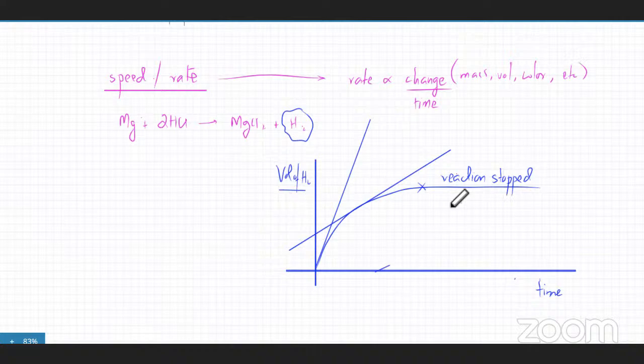It could be going up, it could be going down. Initially the reaction is very fast, and then it slows down, then it slows down, then it stops. So gradient is actually an indication of rate. Is this clear? Yes.